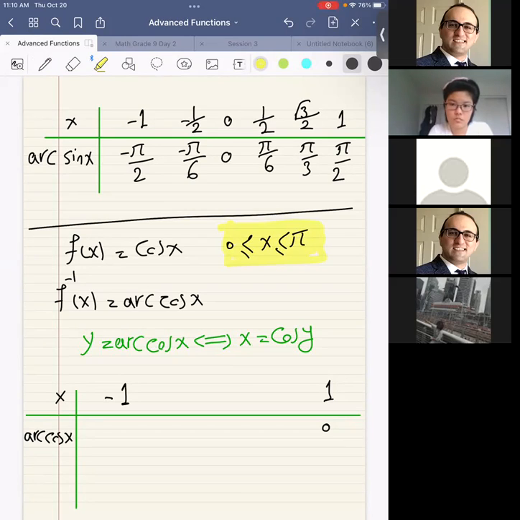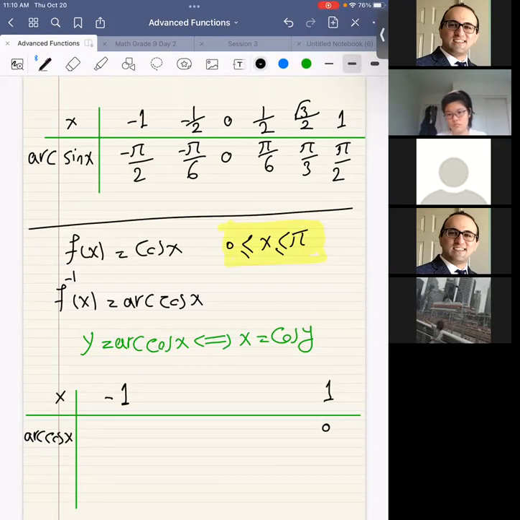Because you can also say, okay, 2 pi is also a possibility because cosine of 2 pi is also 1. Cosine of 4 pi is also 1. But I want to restrict between 0 and pi.